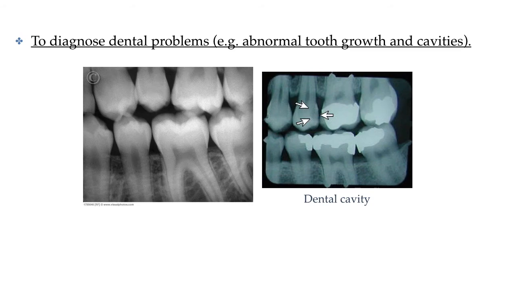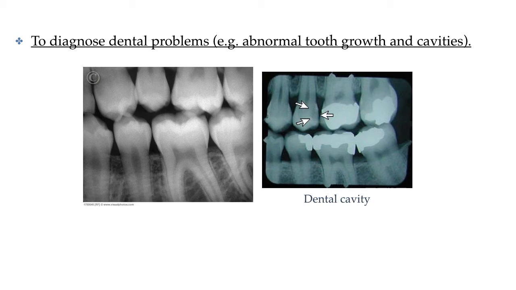Obviously, another main use for X-rays is for dental issues. So when you go to the dentist, you get an X-ray taken, and they're mostly looking for two things. They're mostly looking for cavities. Cavities appear obvious in X-rays because cavities are basically areas of the enamel of the tooth that have been eroded by bacteria. Teeth should appear white under an X-ray because they're very dense.